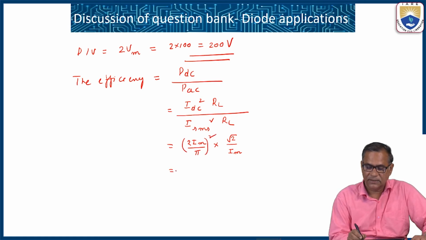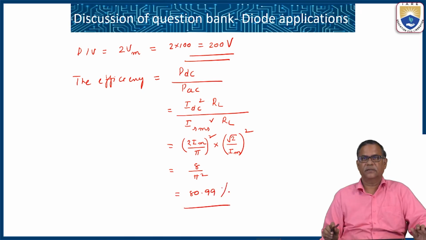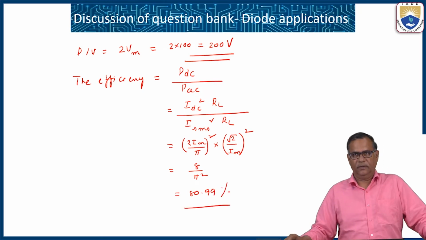So this gives us the value as 8 by pi square. So this is equal to 80.99%. So this is the efficiency of this full wave rectifier.